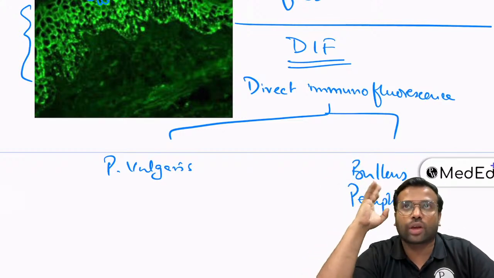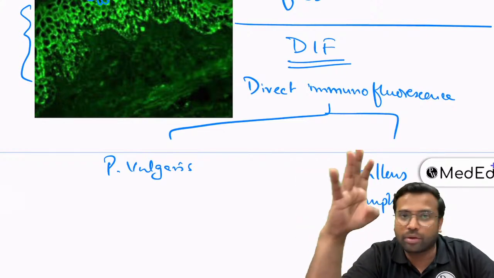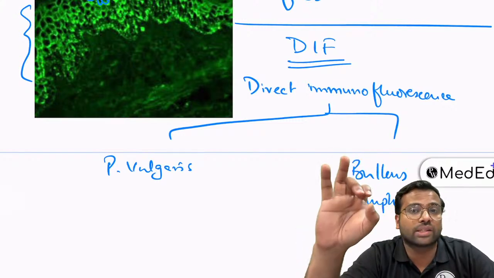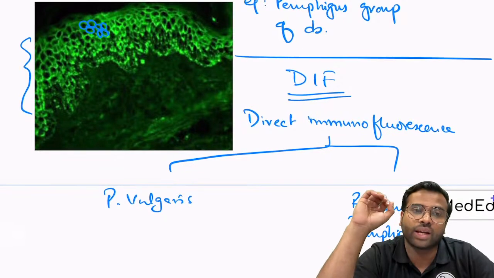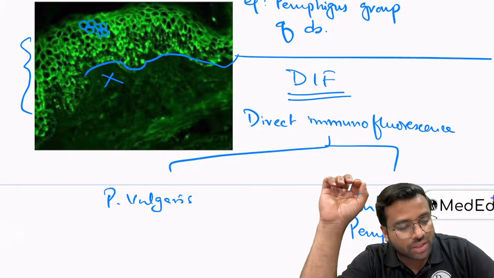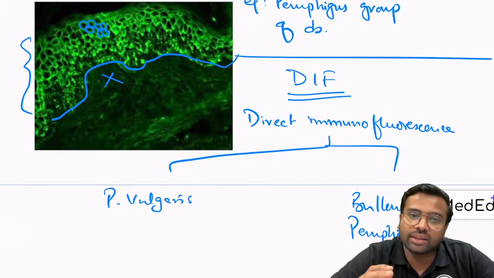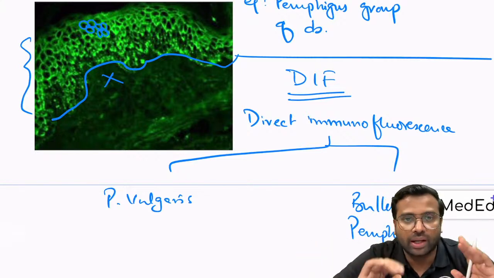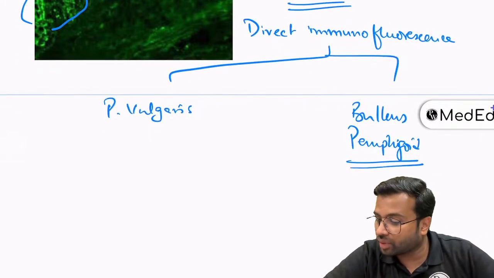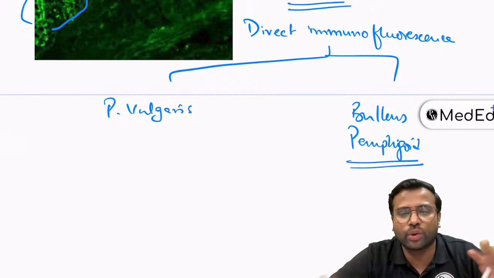So the diseases where the etiology lies in the epidermis, like pemphigus foliaceus, pemphigus vulgaris, IgA pemphigus, etc., all of these are going to have this greenish fluorescence over the epidermis. Whereas if the dermoepidermal junction or subepidermal region takes up the fluorescence, then the answer varies accordingly. Like in bullous pemphigoid, you can see a greenish fluorescence over the dermoepidermal junction. So that is how you can differentiate.